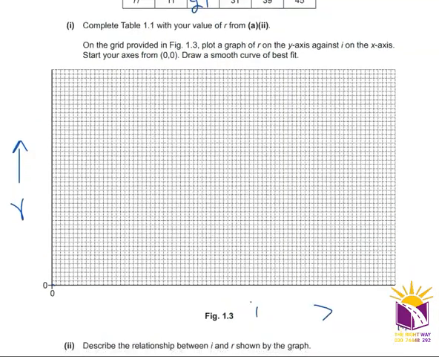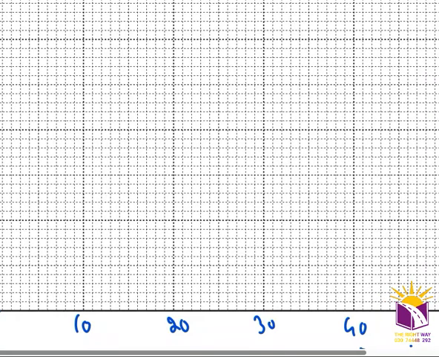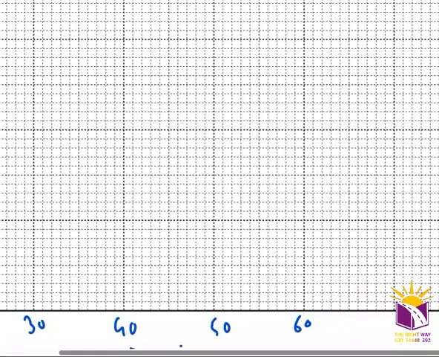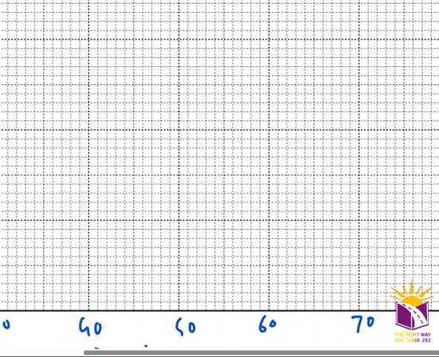Okay, giving the values to our x-axis and y-axis, I am going to zoom in on our graph. For the x-axis it will be 10, 20, 30, 40, 50, 60, 70 and the last 80.